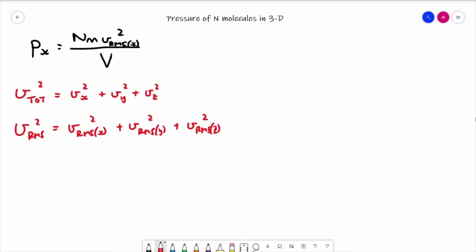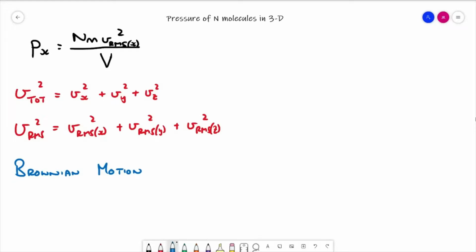Now it's at this point that we need to make sure that we understand the concept, okay? And this actually goes back to the 3rd assumption that we made in the last video, which is Brownian motion. Now, one of the ideas in Brownian motion is that the characteristic velocities, the characteristic speeds of the molecules in all 3 dimensions will be the same.